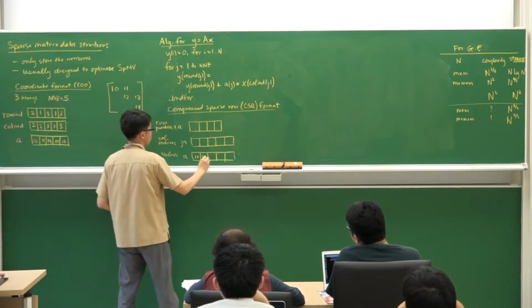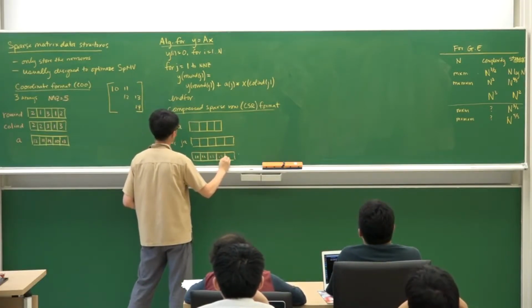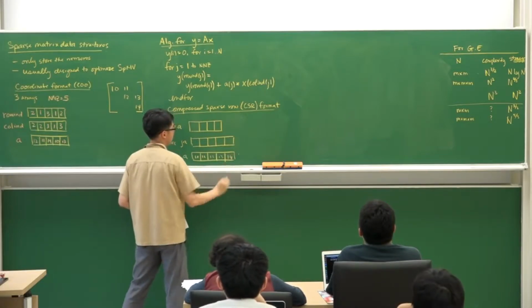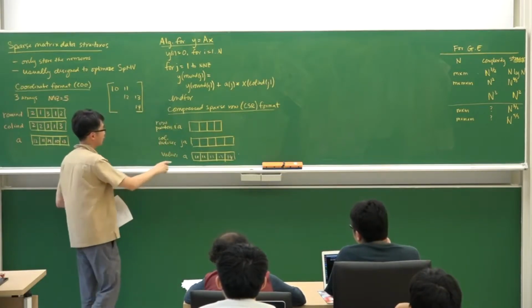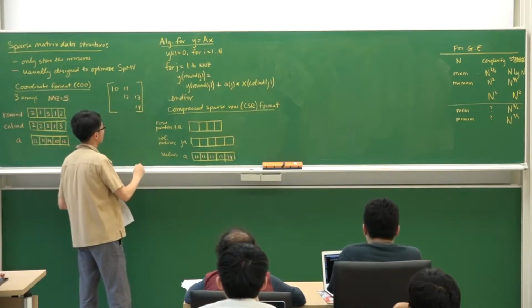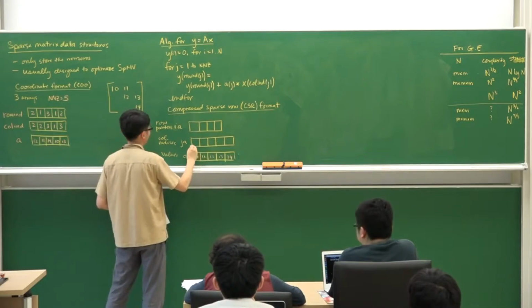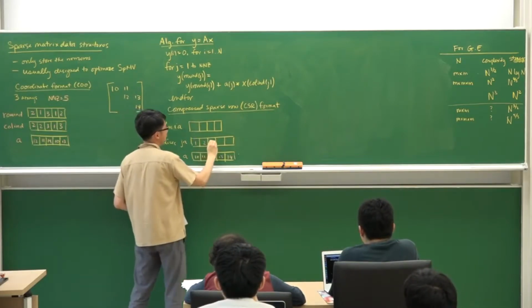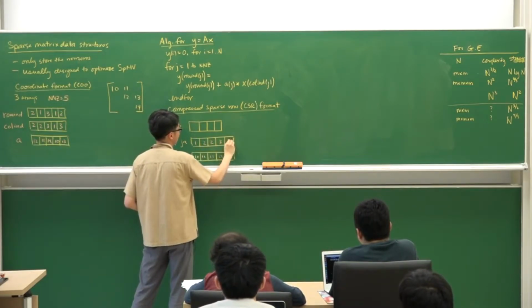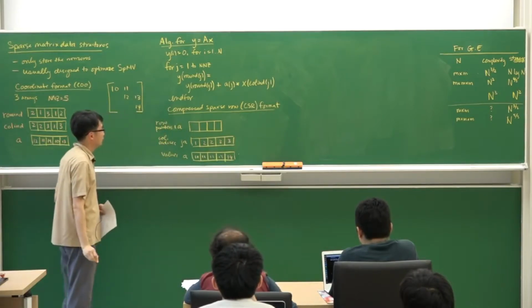The next row is 12, 13. And then the last row is 14. Okay, and for each element, there is a column index, right? For 10 and 11, they are 1 and 2. And then for 12 and 13, 2 and 3. And the last one has column index 3, right?